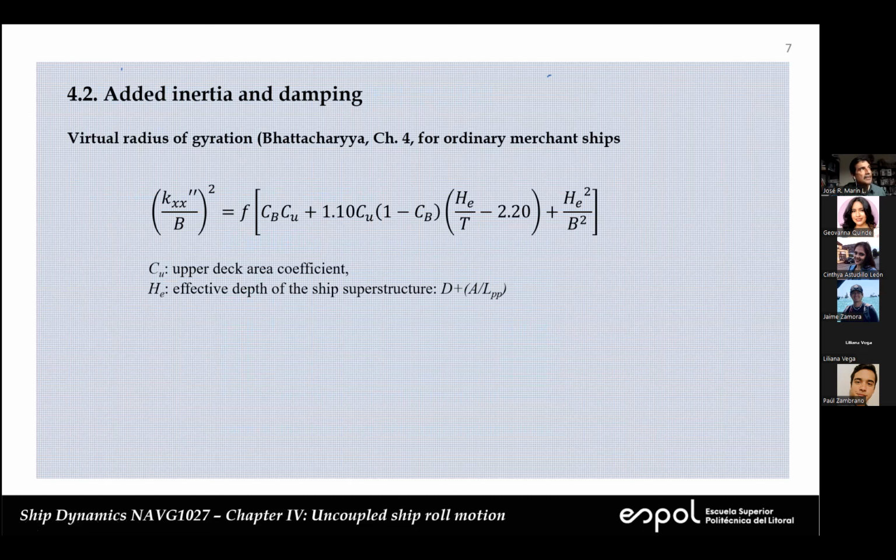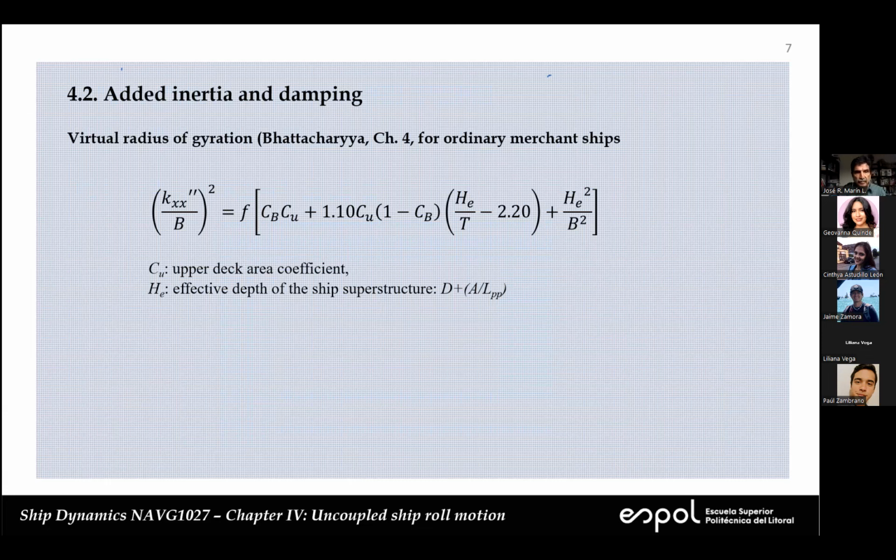Bhattacharya is a book prepared in the 70s, so maybe 40 years ago. It's an old book. So if you find a better estimation of this parameter, the virtual radius of gyration of a ship, use it. Otherwise, this is something that we can use.